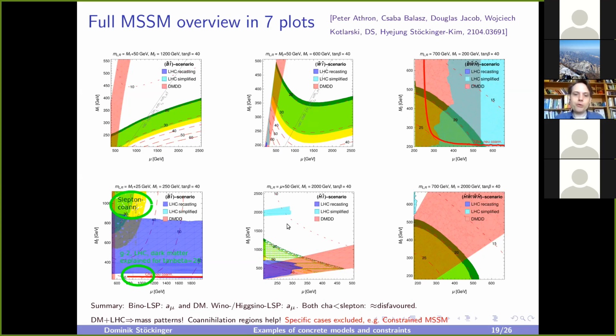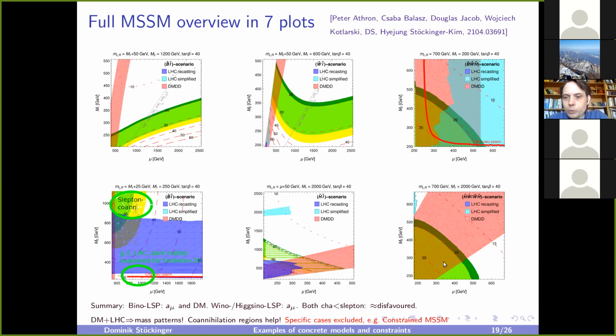But in those cases, we cannot explain dark matter at the same time because the relic density is too small. That is not forbidden, but we need an additional dark matter candidate on top of the LSP from the SUSY model. But this is also viable. In those two plots, we also assume that the mass gap between the sleptons and the LSP is rather small, so that the LHC limits on the sleptons are evaded.